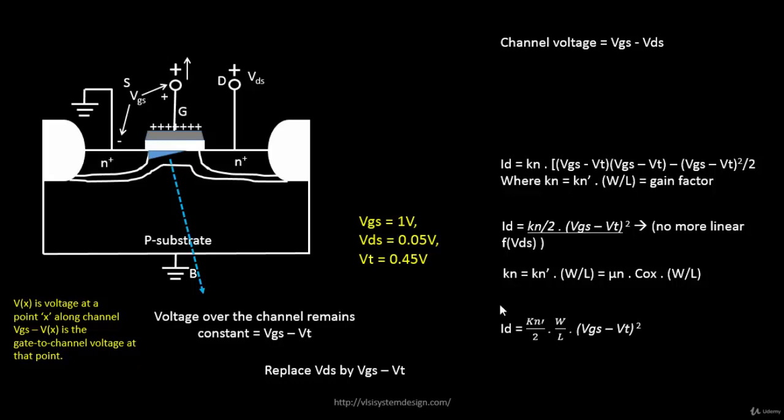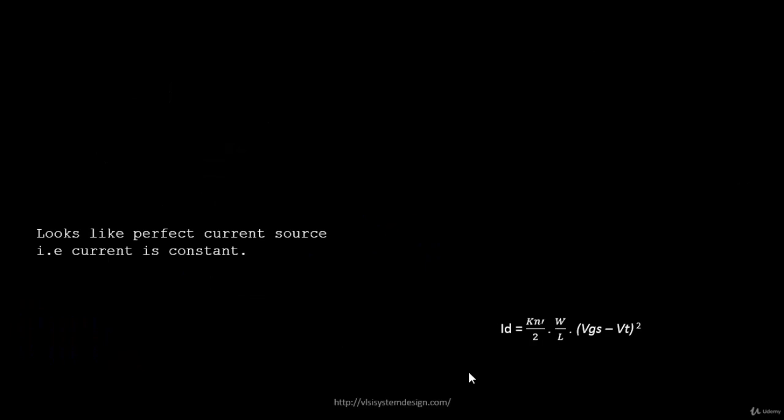Looking at this equation, it looks like your drain current is a function of all constants, provided we have kept VGS, let's say, as 1 volt. So it looks to be a perfect current source. You can use a MOSFET in this condition as a constant current source. But somewhere that's not true, and we'll show you why.